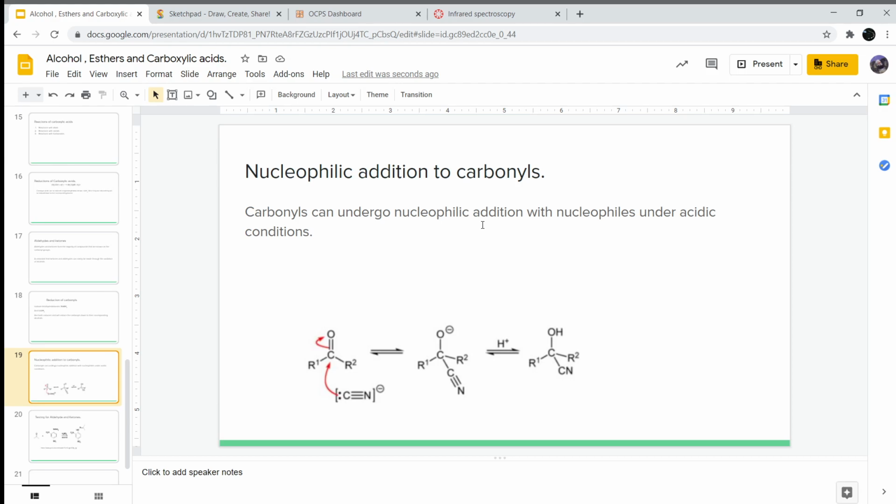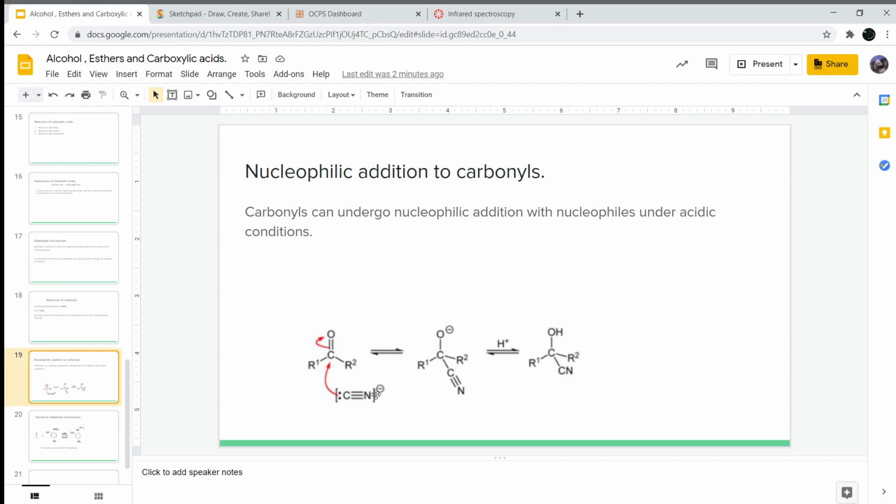Also, carbonyls can undergo nucleophilic addition. We haven't gone over a lot of molecules that can undergo nucleophilic addition, but carbonyls are one of those that can easily do it under acidic conditions. The idea is that we take a nucleophile, and in this case, we're going to continue to use our cyanide ion as our nucleophile.